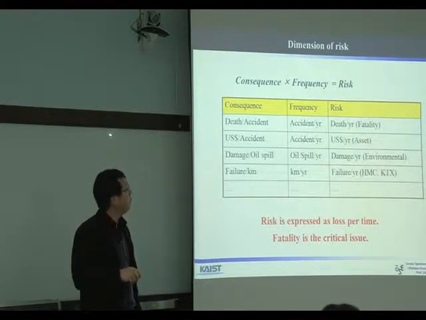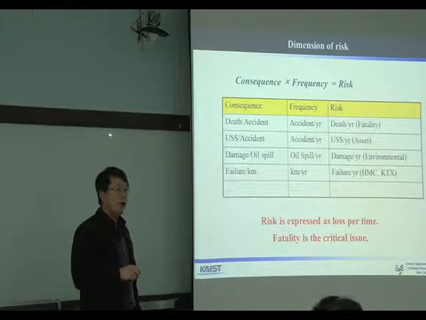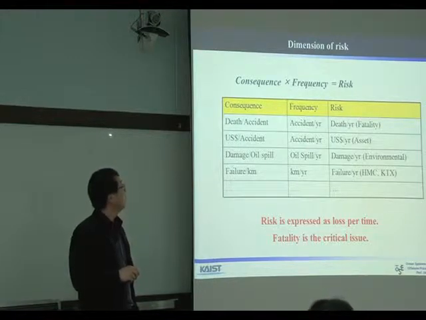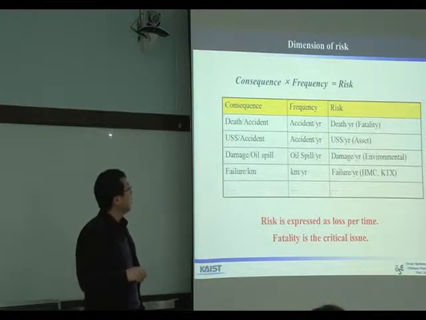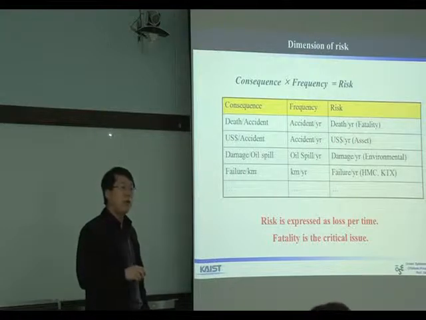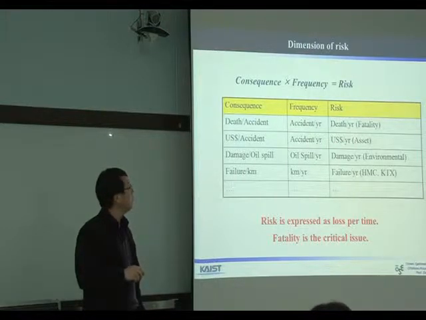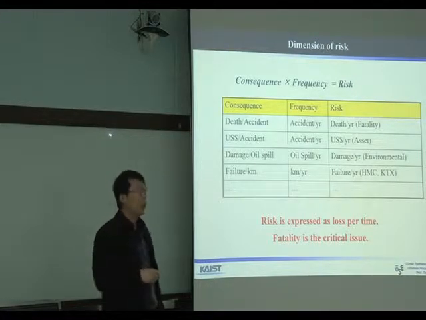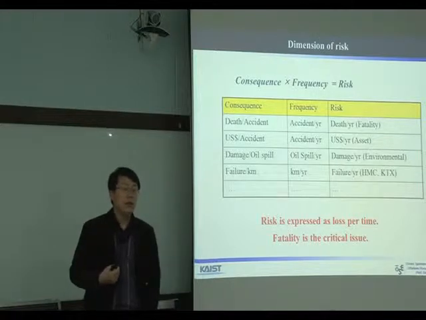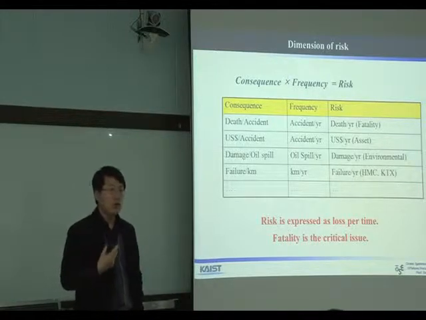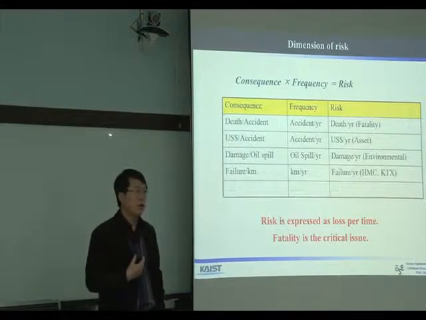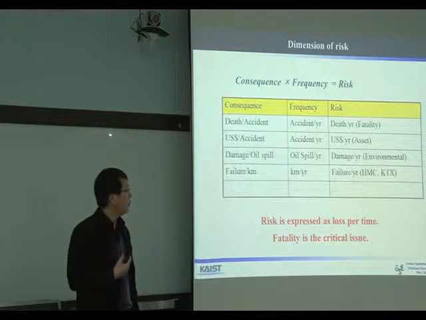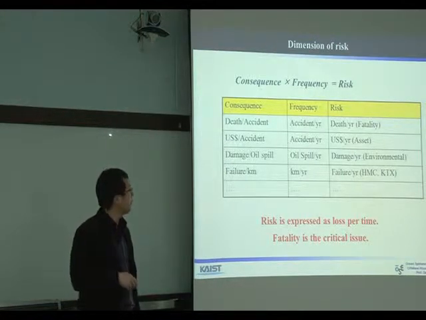The loss can be death or fatality for safety. It can be in monetary terms for asset damage. It can be failure frequency for the automobile industry. So you should be careful of the unit dimension of the risk.